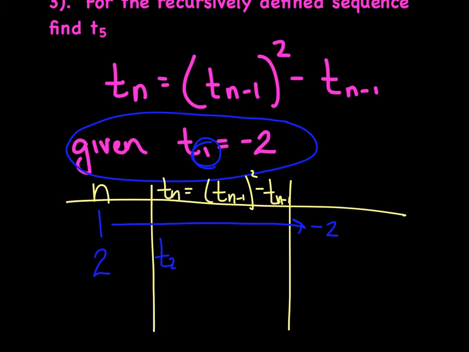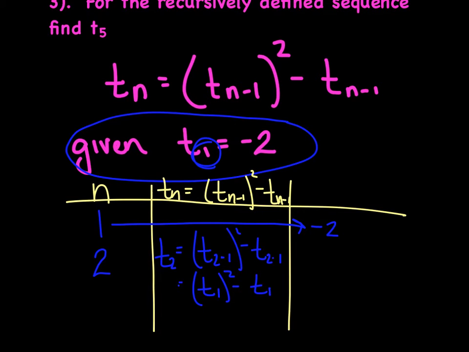So t sub 2 equals t sub 2 minus 1 squared minus t sub 2 minus 1. And again, clean it up. This is t sub 2 minus 1, which is really just t sub 1 squared minus t sub 1. And again, I'm just saying 2 minus 1 is 1.